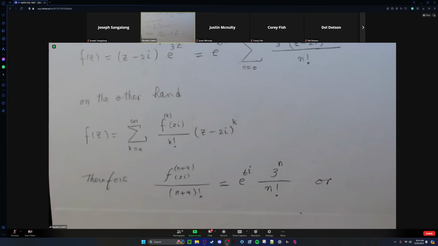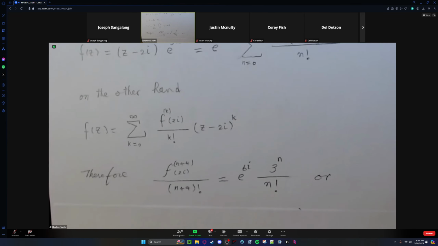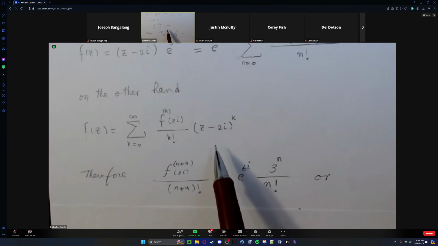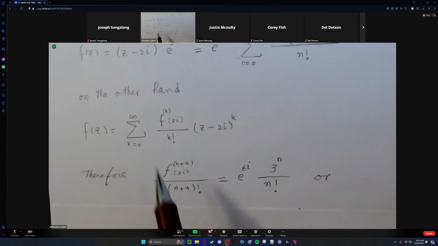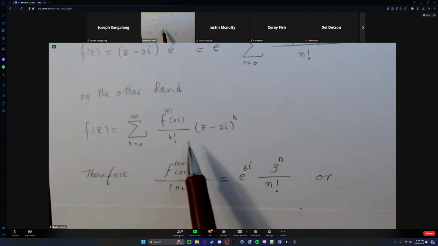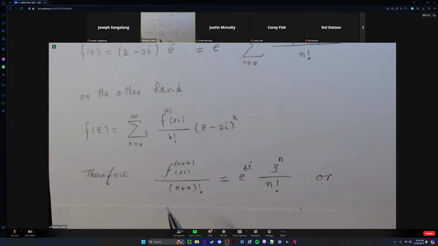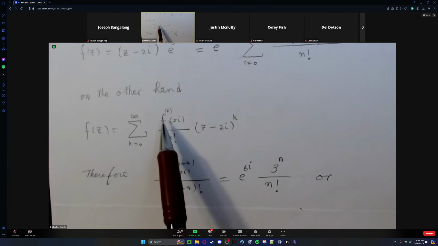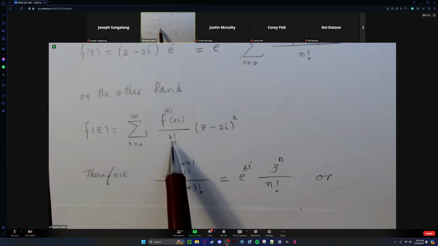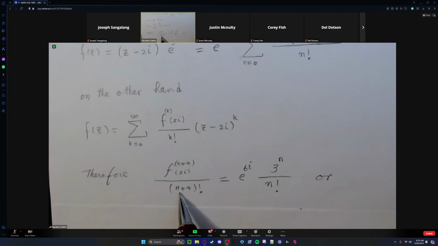All right, when they are equal, the coefficients of the powers of z minus 2i in both cases should be the same. In this case, the coefficient of z minus 2i to the n plus 4 is this, when you replace k by n plus 4.